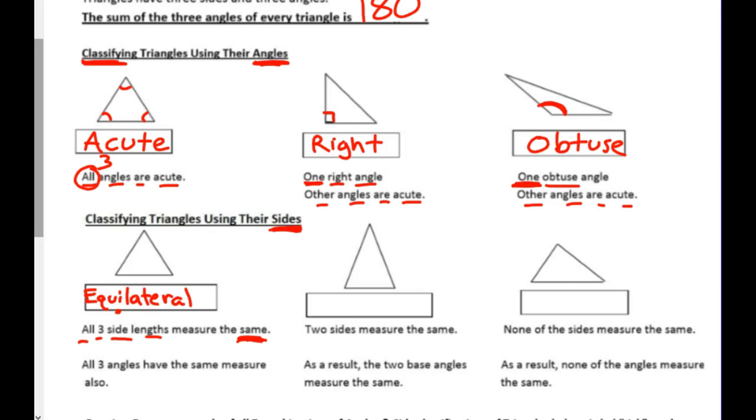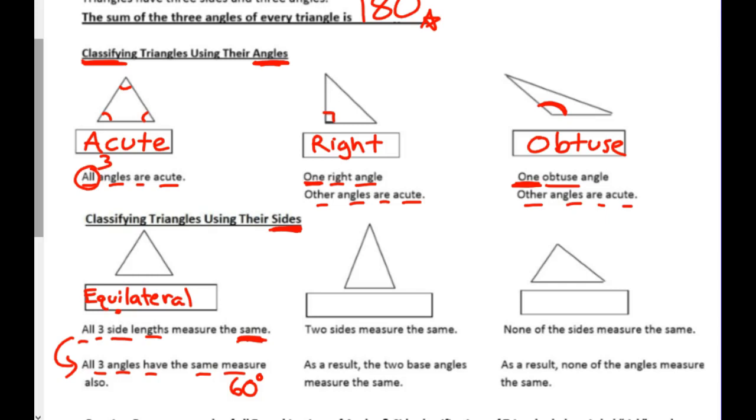Alright? So all 3 side lengths are the same, and that means all 3 angles have the same measure, which is going to be 60 degrees. Okay, if all the sides are equal, all the angles are equal, and what would the angles have to be if they're equal and they add up to 180, like it says up here? Well, then we know it has to be 60 plus 60 plus 60 to get 180.